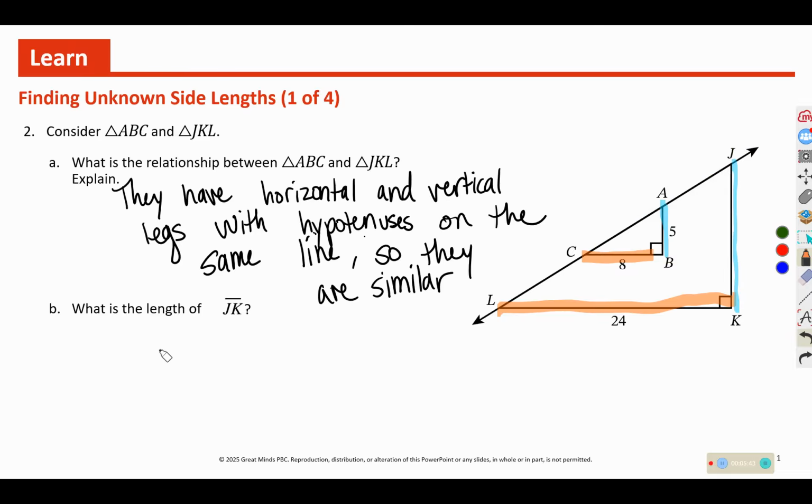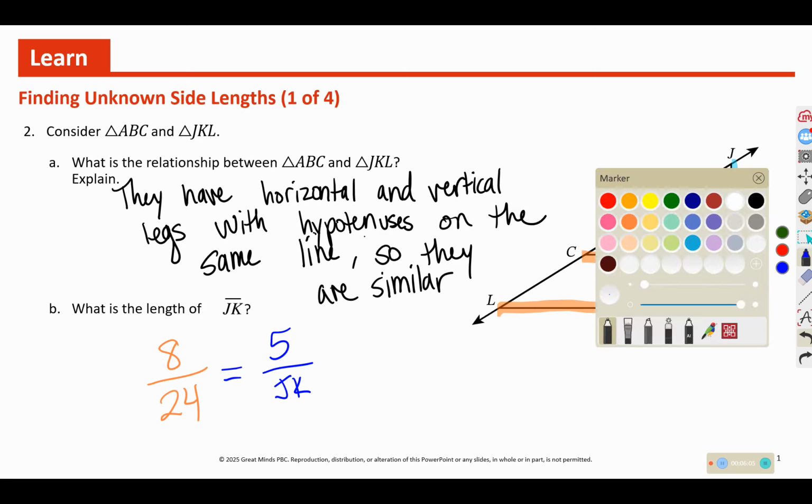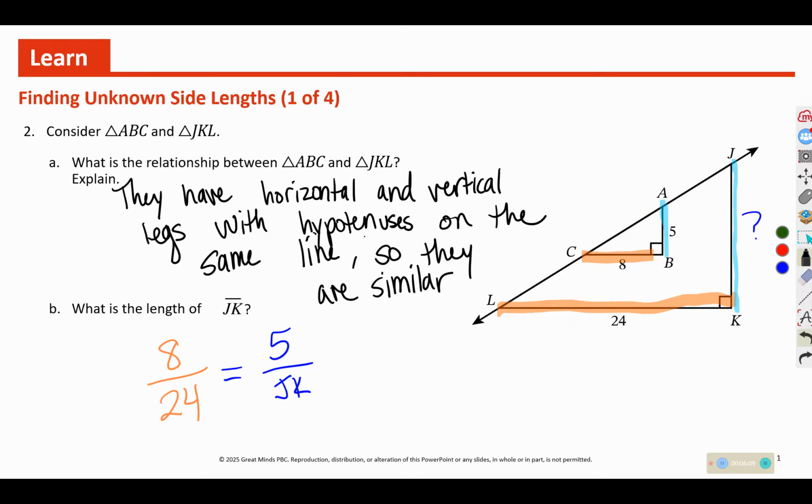So we have 8 over 24 is the same as 5 over our unknown JK. You can put a variable there. You could use JK. And the way that we solve this type of relationship is using cross multiplication.